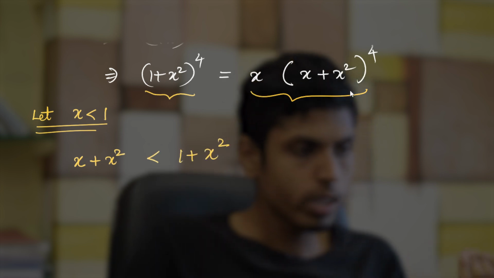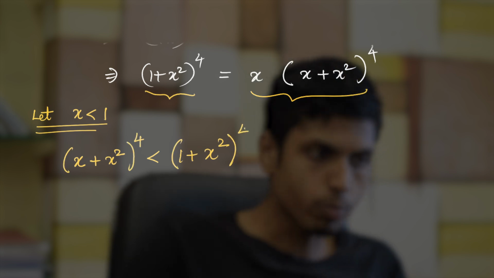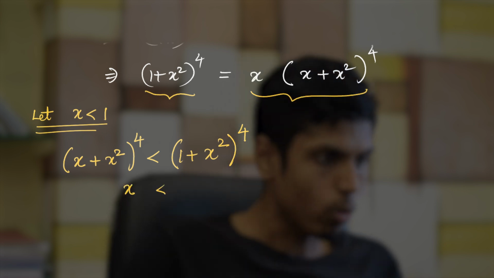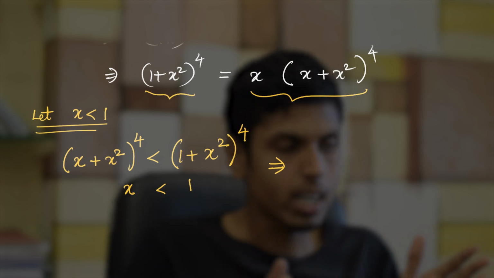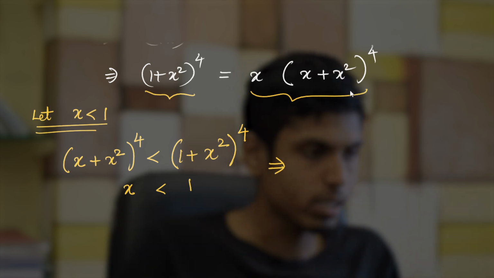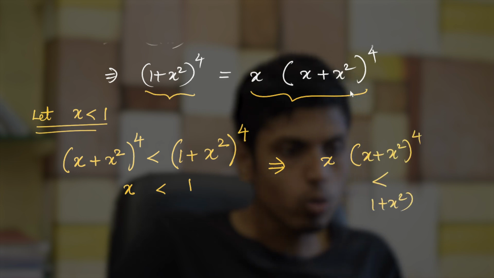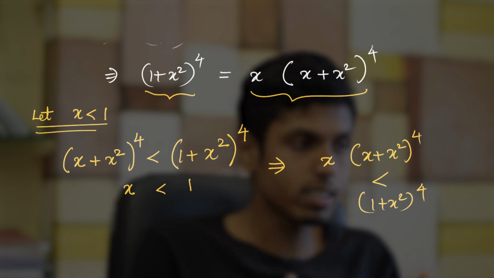Adding equal amounts in an inequality does not flip it. Raise it to the power of 4, because I know that x is a positive real number as given in the question. Now we also have x less than 1. If you multiply these two inequalities, and of course since they are of same sign, we can multiply them, that's allowed. So x into (x plus x squared) whole power 4 would be less than (1 plus x squared) whole power 4, which means the equality cannot hold here when x is less than 1.